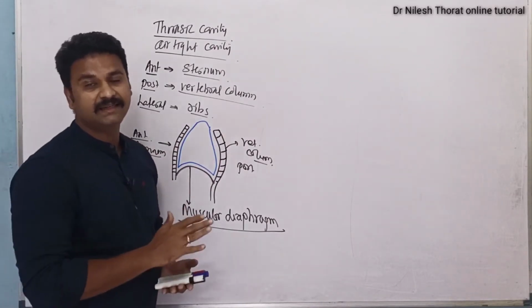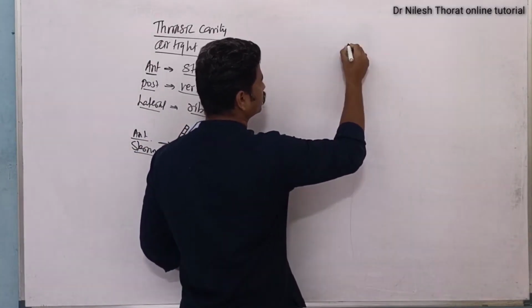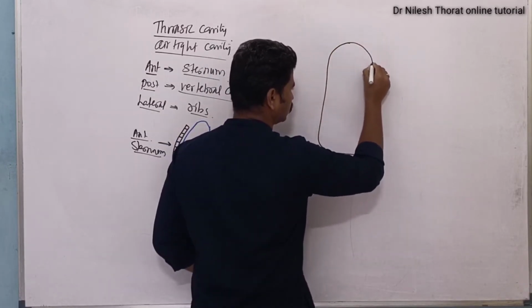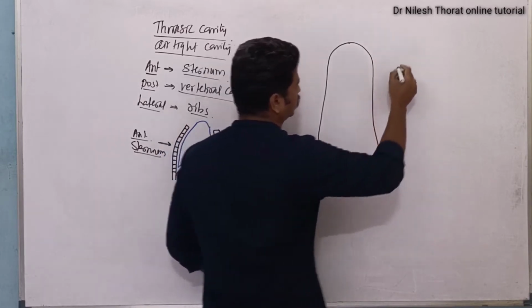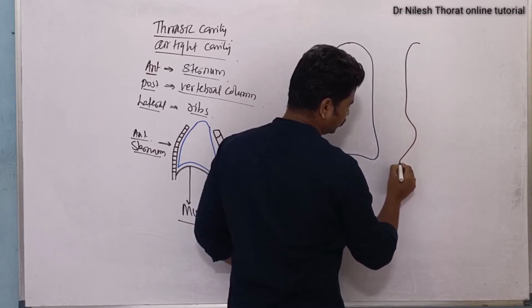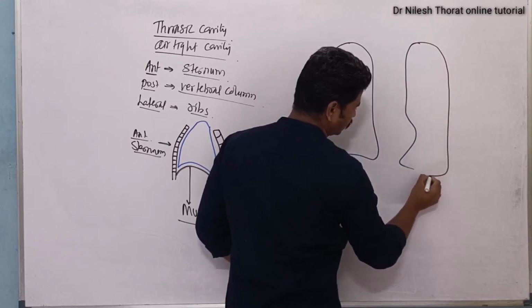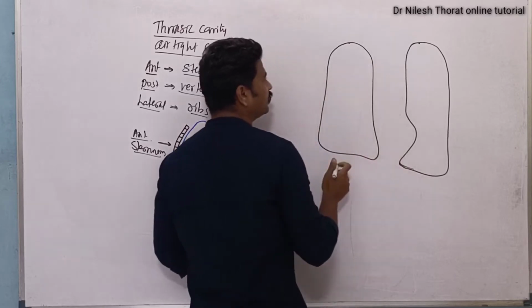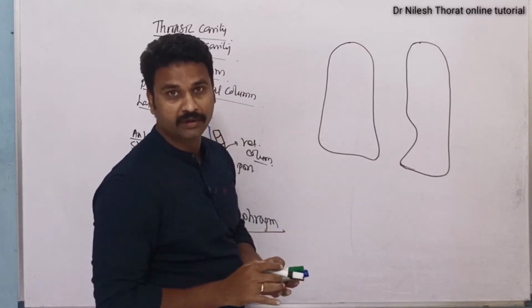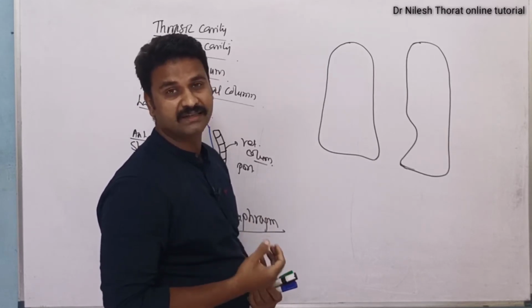If we draw an anterior diagram of the thoracic cavity, then we can visualize another structure. So here we have the lungs. This is the right lung. This one is the left lung, which is identified with the help of the characteristic cardiac notch, and the left lung is slightly longer compared to the right lung. The space between the two lungs is the mediastinal space, which will hold the heart, the trachea and the big vessels which arise from the heart.